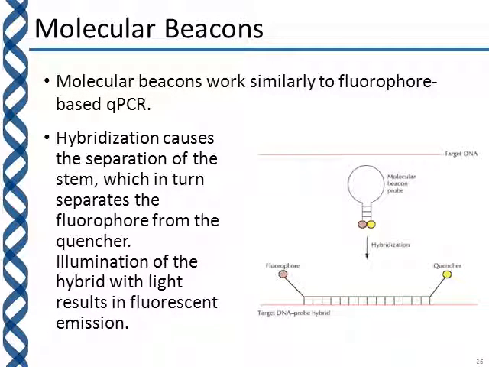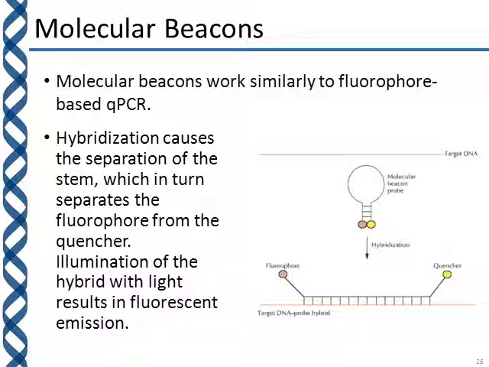Molecular beacons work similarly to a fluorophore-based quantitative PCR. Hybridization causes the separation of the stem, which in turn separates the fluorophore from the quencher. Illumination of the hybrid with light results in fluorescent emissions.